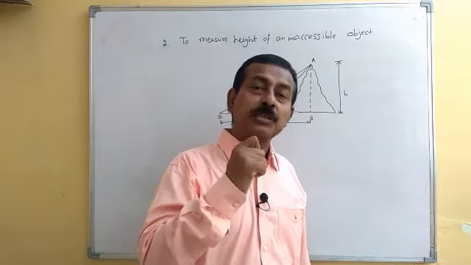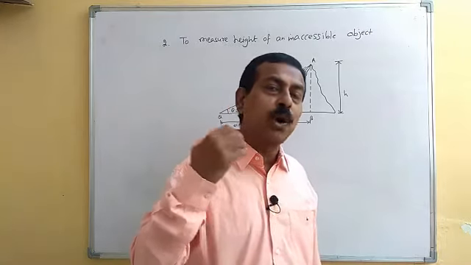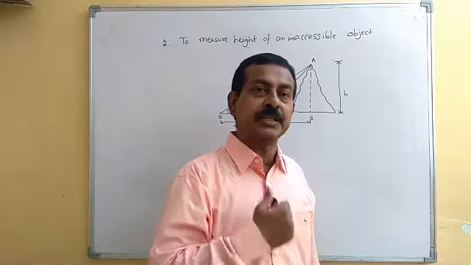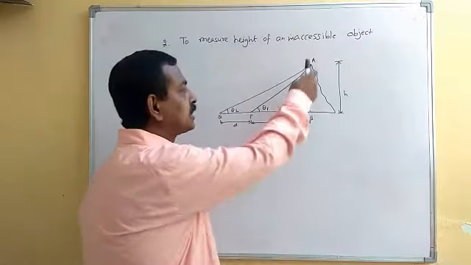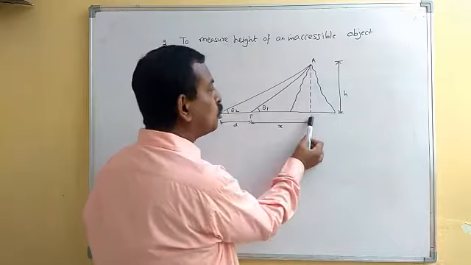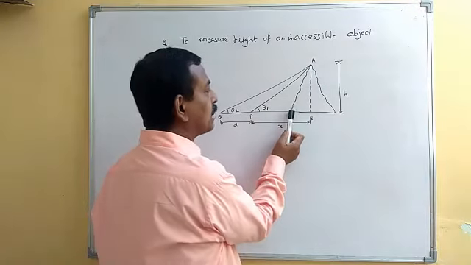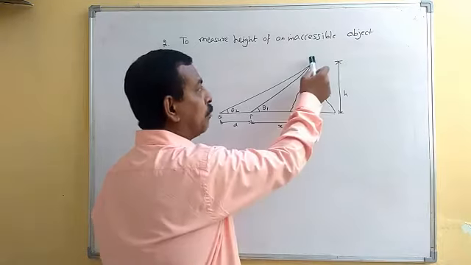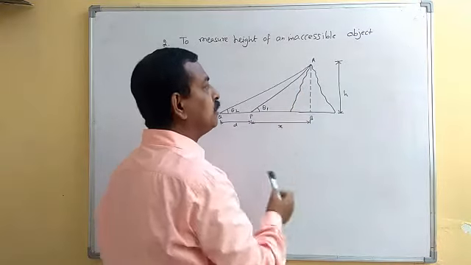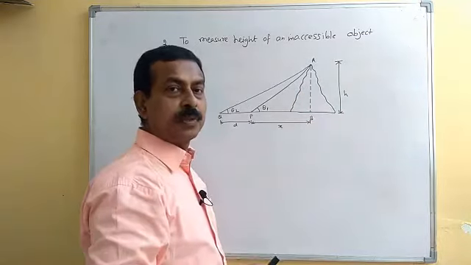For such cases, we cannot go up to the base of the object. If it is a hill, we cannot go up to the point B. Due to its construction, we can go at most up to this point. But we want to measure the height AB, which is H.